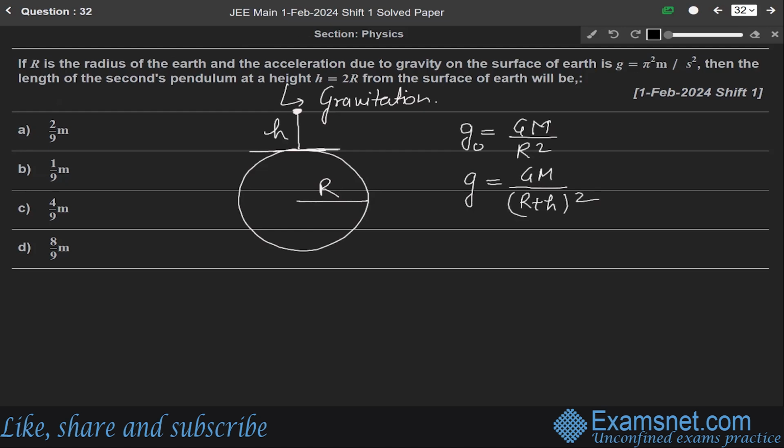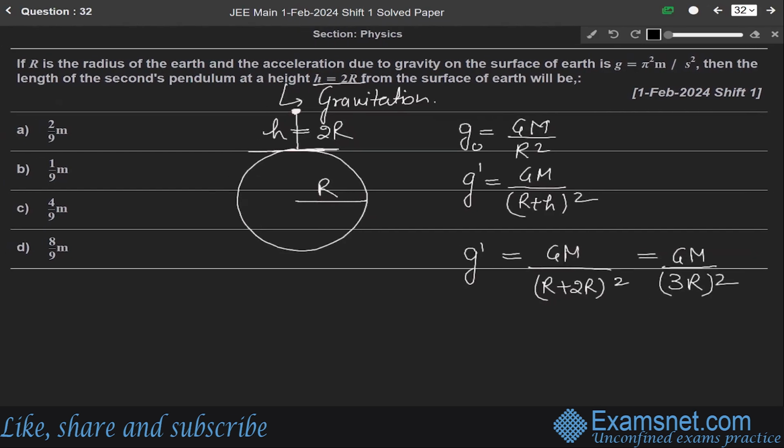According to this question, h equals 2R. So g dash equals GM over (R plus 2R) whole square, which becomes GM over (3R) whole square.